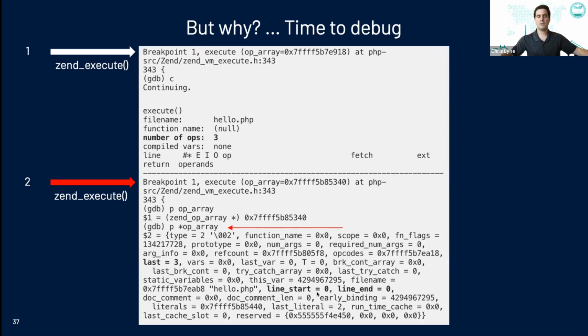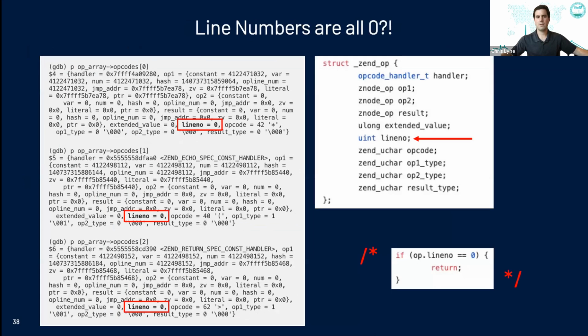And line start is 0 and line end is 0. And that was weird because if you looked at all of the individual instructions in the op array, and actually the instructions are zend_ops, each of these had a line number of 0, which was kind of strange. But if you were to look at the structure, you can see it has a handler, it has operands, line numbers.